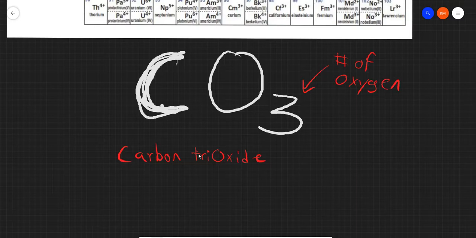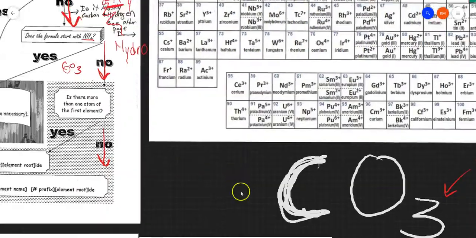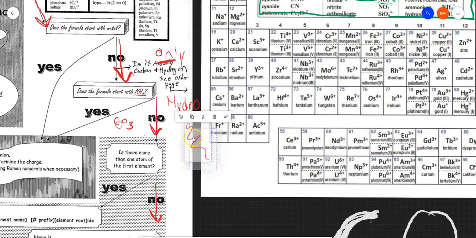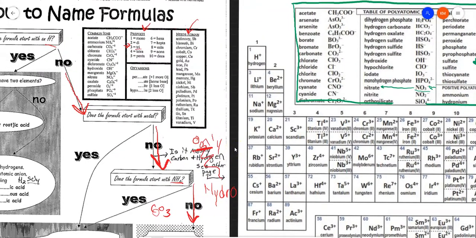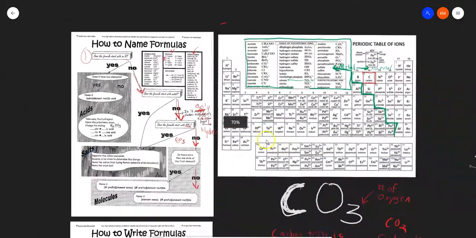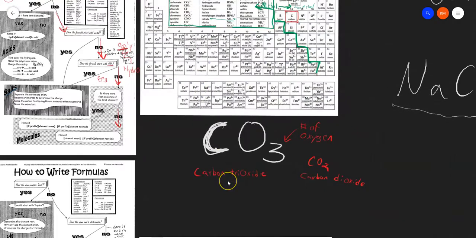So carbon trioxide, just like CO2, that's a 2, is carbon dioxide. If we look, di is the prefix for 2, right? And that's where it comes from. So CO3 is carbon trioxide.